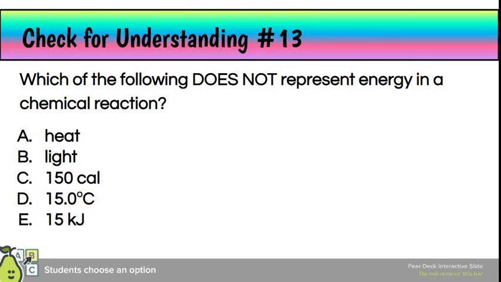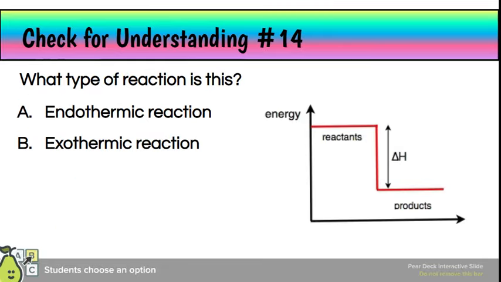For 13, which of the following does not represent energy in a chemical reaction? So which one should not be in one of those thermochemical equations? Number 14, what type of reaction is this? Is it endothermic or is it exothermic?